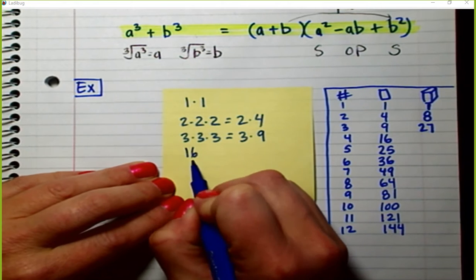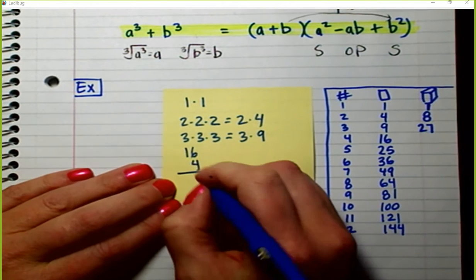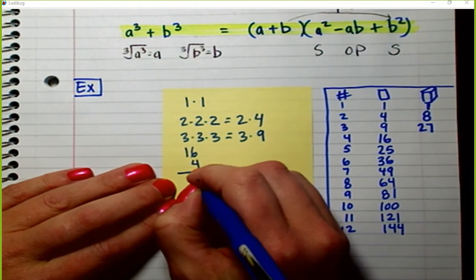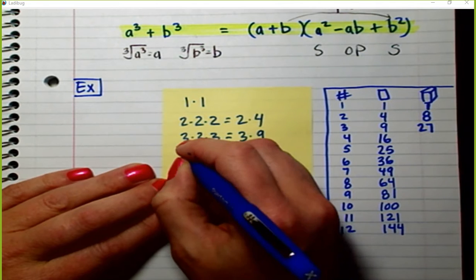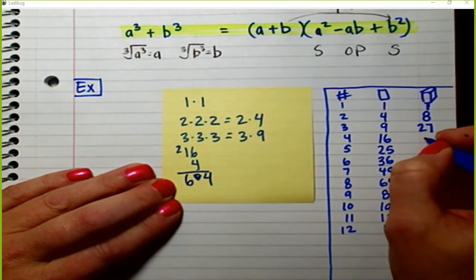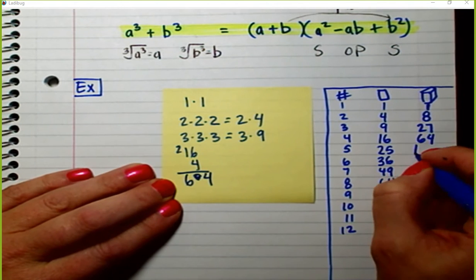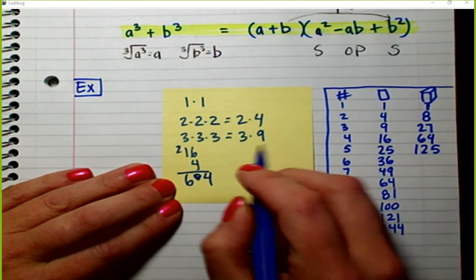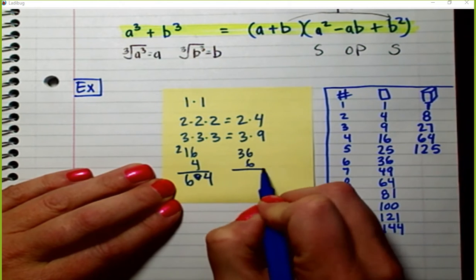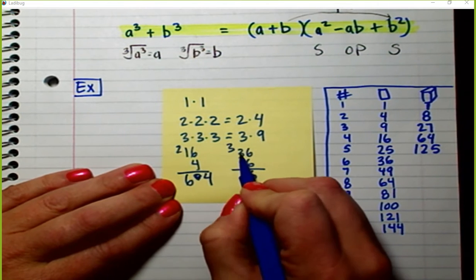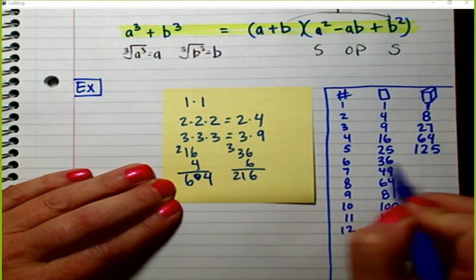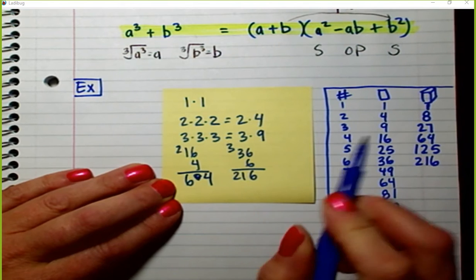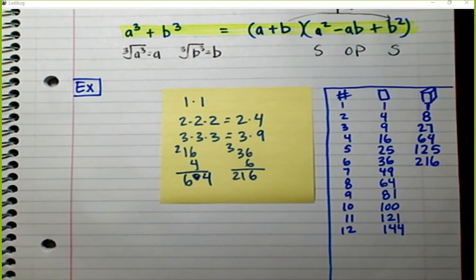Okay, so 16 times 4, 24, 40, oh, it's 64. 36 times 6. Okay, more scratch paper.